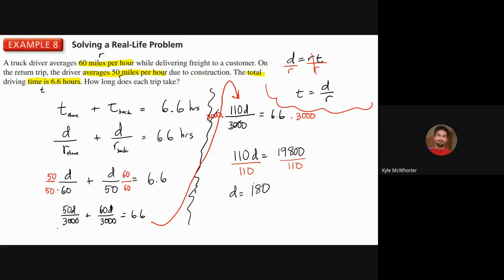So now that tells us the distance that he drove. The question they're asking us is, how long does each trip take? So the time for each trip would be distance divided by the rate, right? Remember, we figured out that time is distance divided by rate.